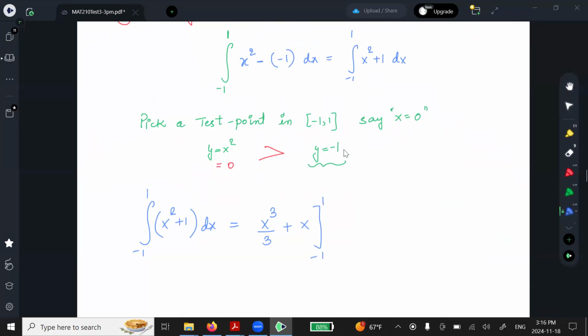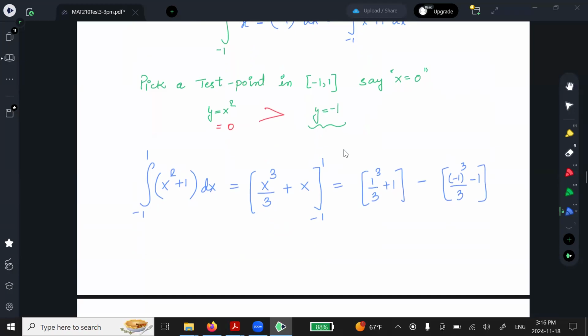and then you plug in the limits. I make 2 big brackets. I separate them by a negative. First bracket, I put 1. Second bracket, I put -1. Right? And be careful with the negatives here.